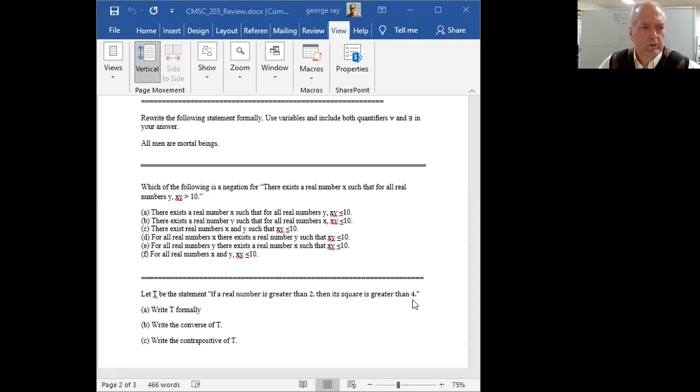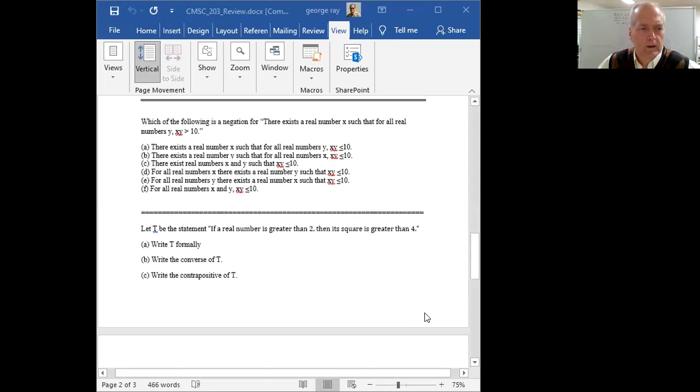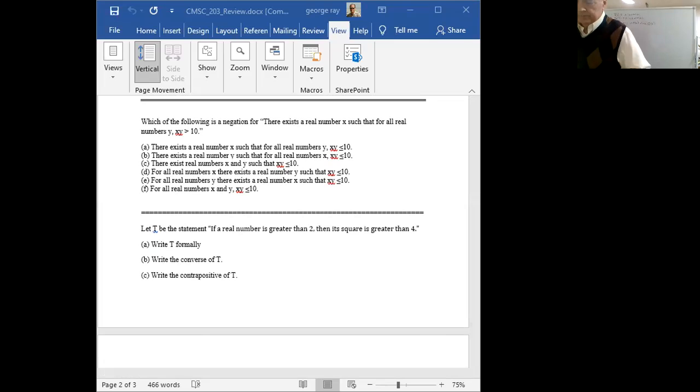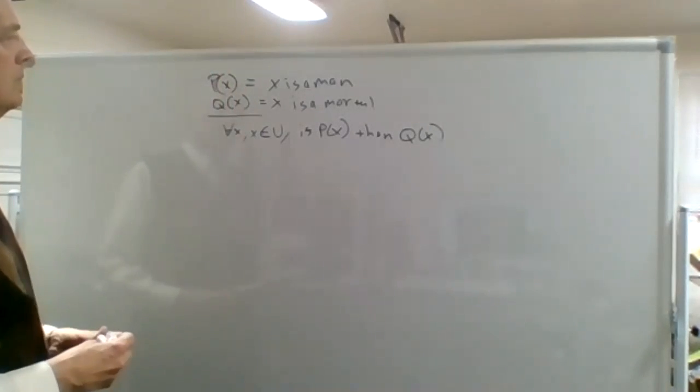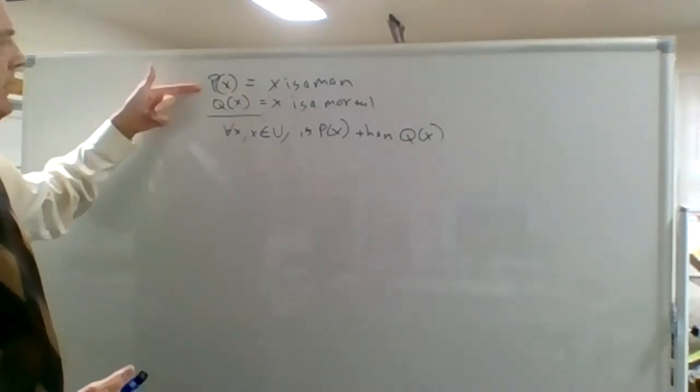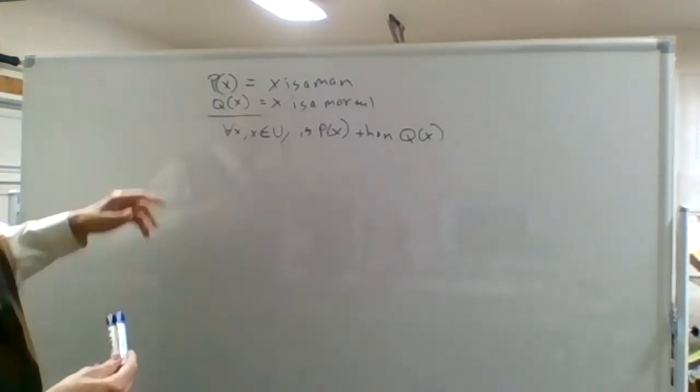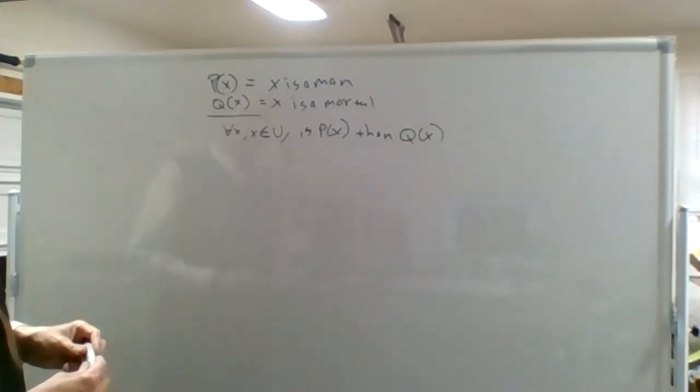Okay, let's go on to the 8th question. So we have two statements, P of X, X is a man, Q of X is a mortal.